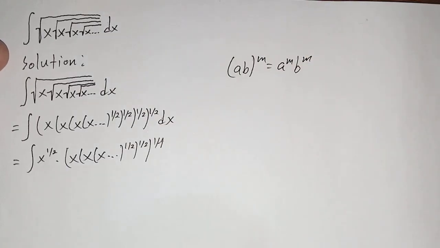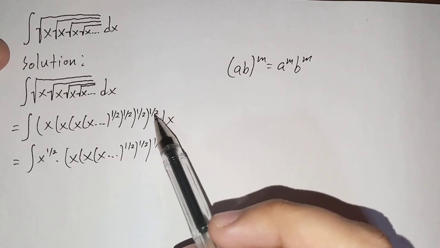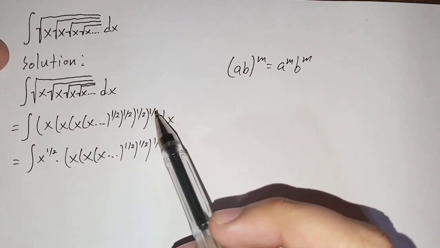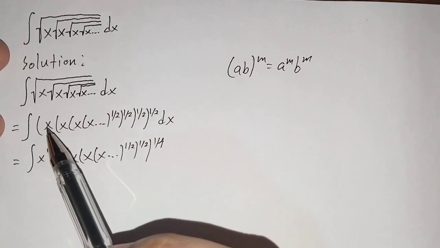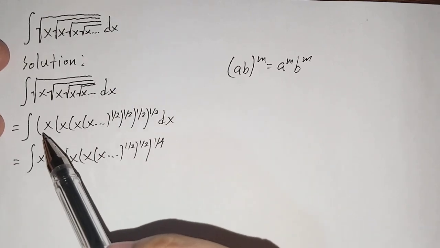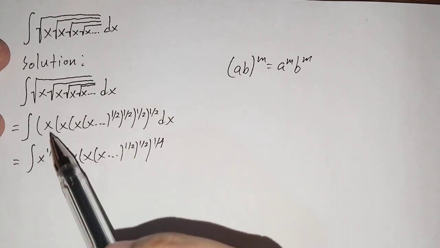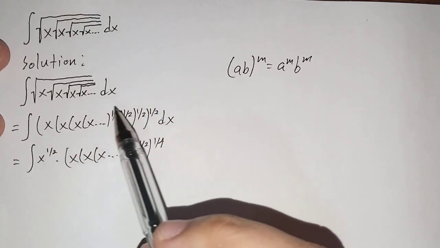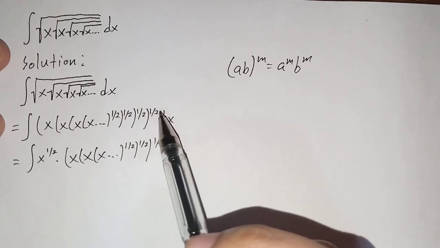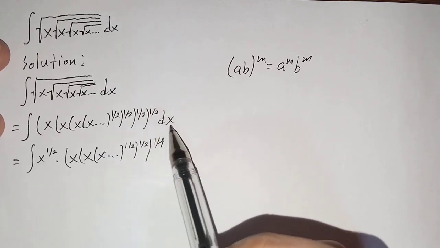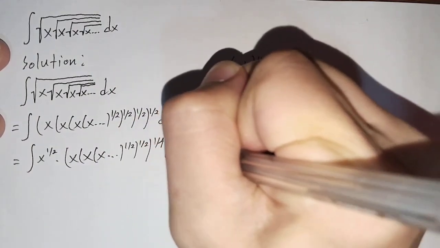Since what we did is multiply this power into the exponent of x, which is 1, which becomes 1/2, and then multiply 1/2 to the power of this term, which is 1/2, and 1/2 times 1/2 becomes 1/4. And this is with respect to x.